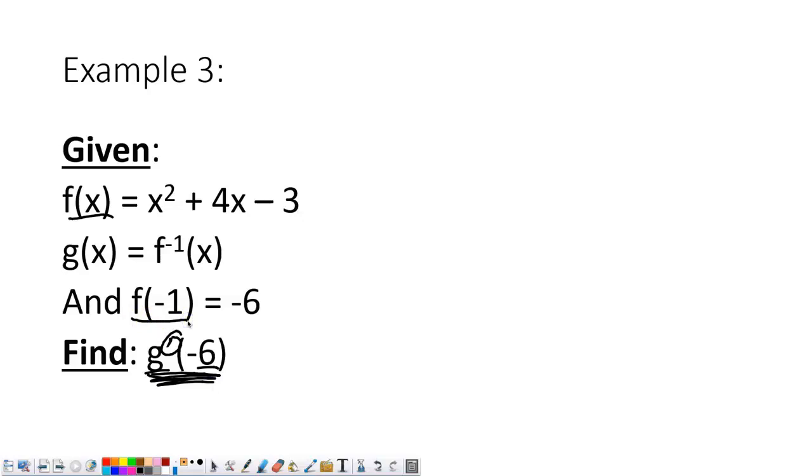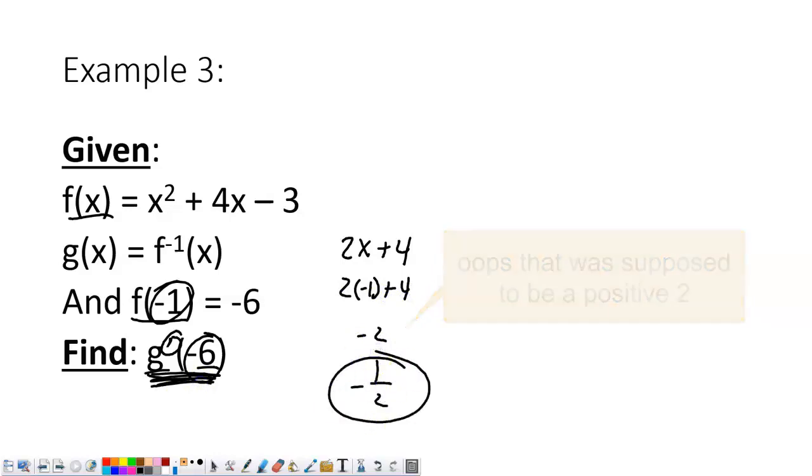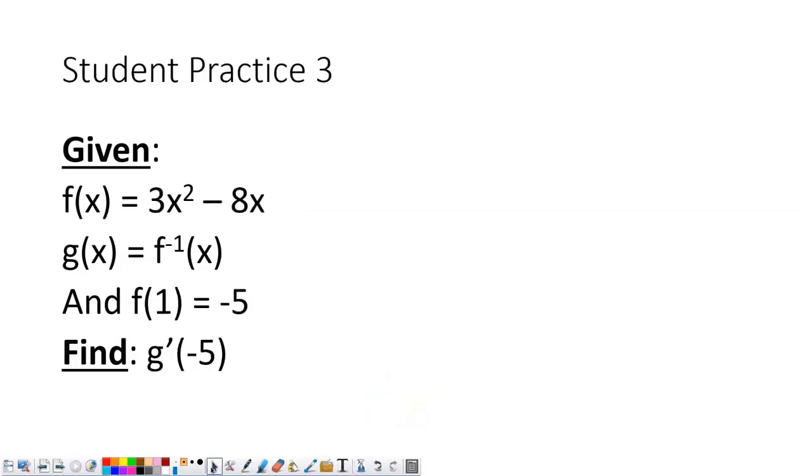So a faster way to do this is to find the derivative, and instead of plugging in negative 6, just plug in negative 1. And just remember, since it's the inverse, we're flipping it over. Okay? It's a little bit more difficult to understand and follow, but there it is. That's a faster way to do it, but do it however you please.